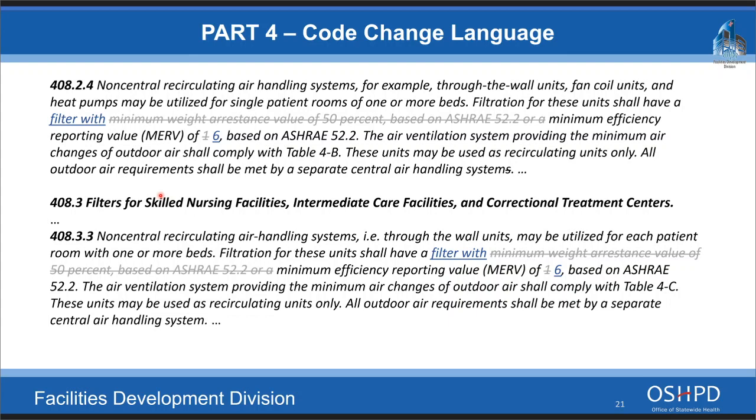Really doesn't accomplish much. So we refined that a little bit. Then when we talk about skilled nursing facilities, that's handled in mechanical code in a different section altogether in terms of filtration. But once again, we're doing away with the rock catcher filter and going with a MERV 6, okay, for ASHRAE 170 requirements. Next slide, please.